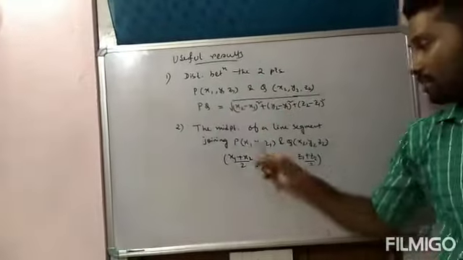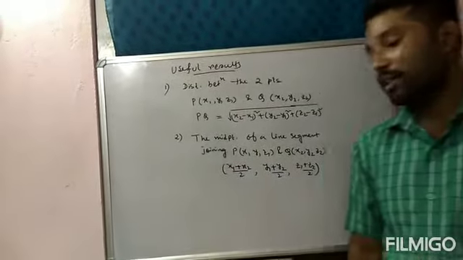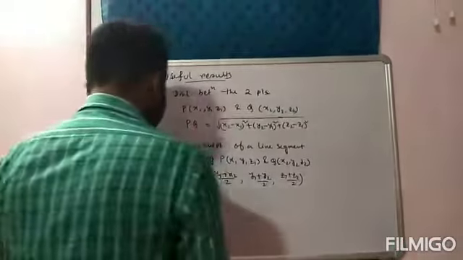These are the coordinates of the midpoint of the line segment joining the points P and Q in case of 3-dimensional geometry. Number 3.